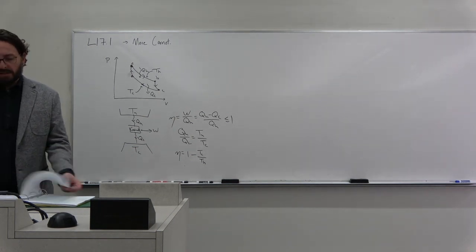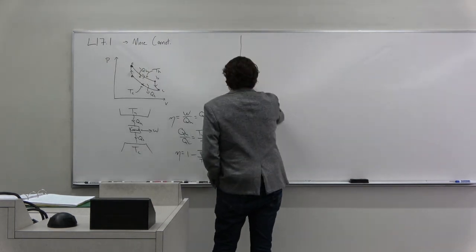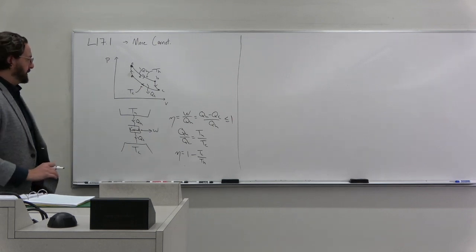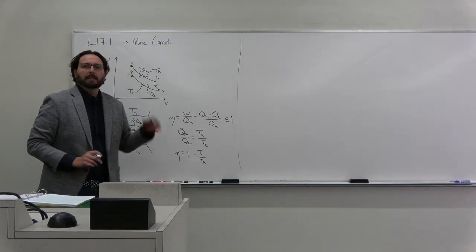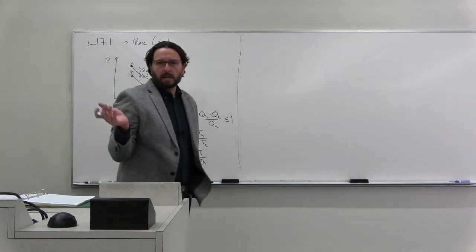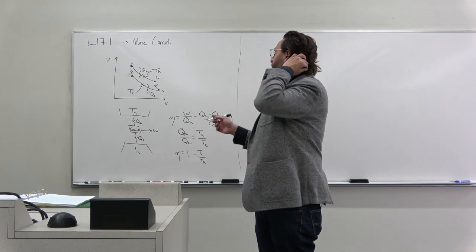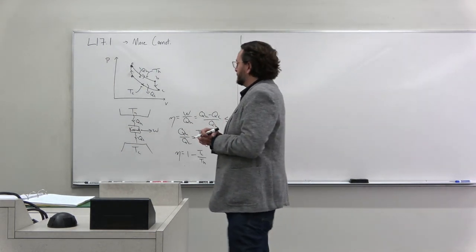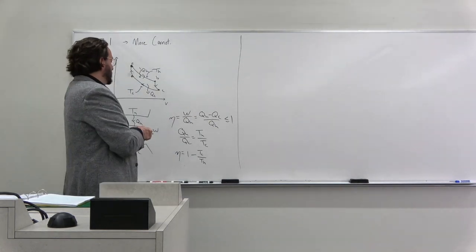Okay, so the question, we kind of talked about it before, but I want to be a little bit more detailed on, is whether or not we could do better than this Carnot cycle. We just defined this Carnot cycle, told you that it was made of isotherms and adiabats, and now I want to know, could I do better than a Carnot cycle?